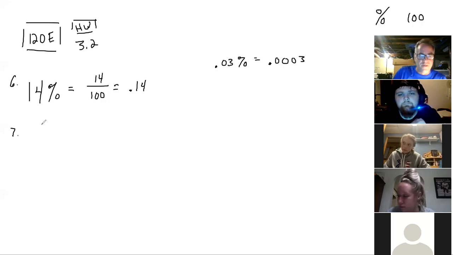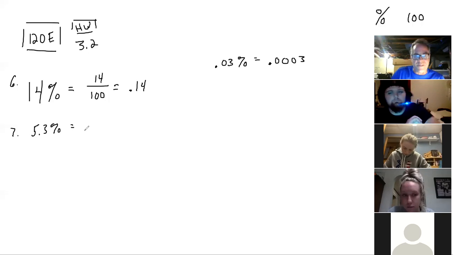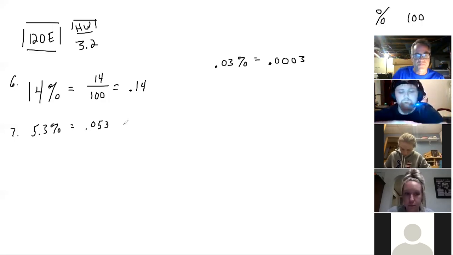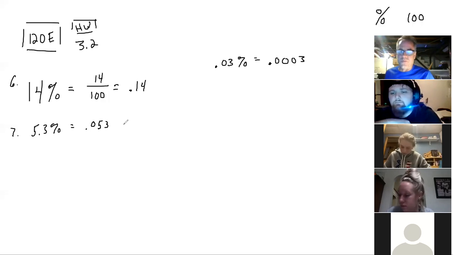Number 7 gives you 5.3%. Convert to a decimal. So we just remember what? Move it to the left twice. 0.053, so that it moved 2 places. And that would be your answer, 0.053.